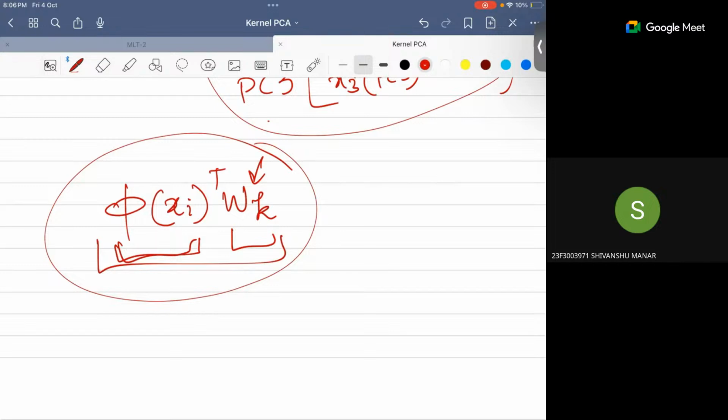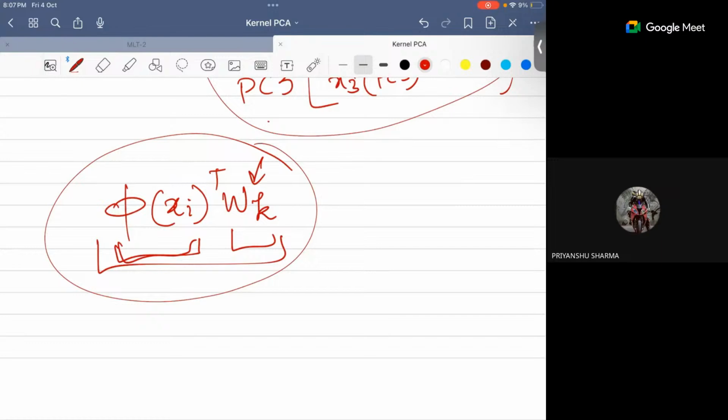And what is this value? Sir, as you said, we do not have this mapping, that's why we are not able to get the eigenvector, and that's why we are trying to compute a scalar projection, right?